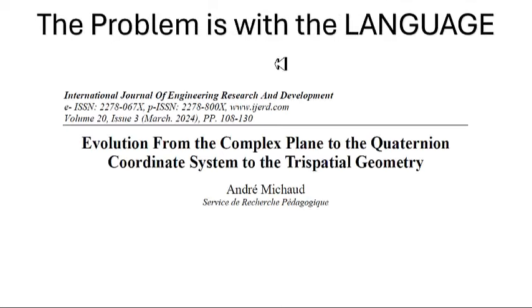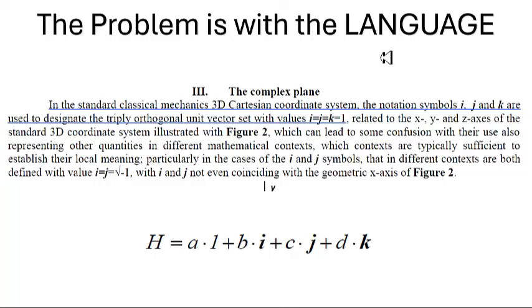So a few videos back, I brought your attention to this paper, The Evolution from the Complex Plane to the Quaternion Coordinate System to the Transpatial Geometry. The problem that I'm finding is in the section on the complex plane, where he makes the following statement: in the standard classical mechanics 3D Cartesian coordinate system, the notation symbols i, j, and k are used to designate the triply orthogonal unit vector set with the values i equals j equals k equals 1.